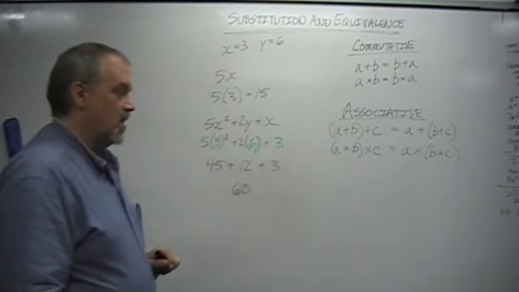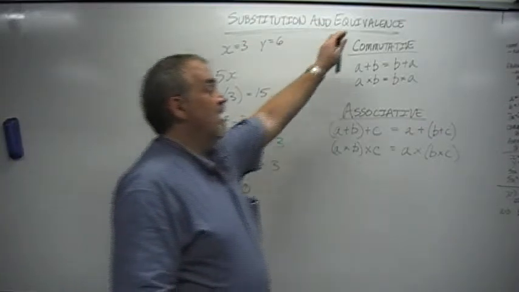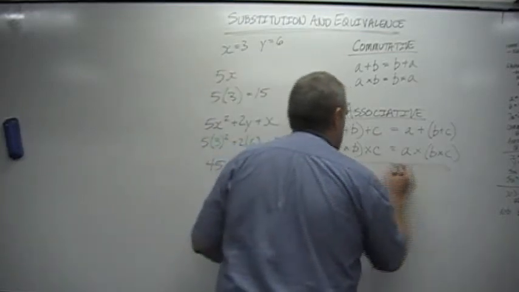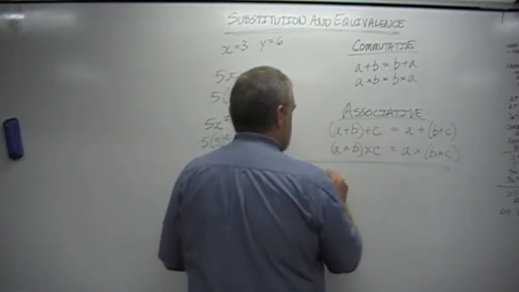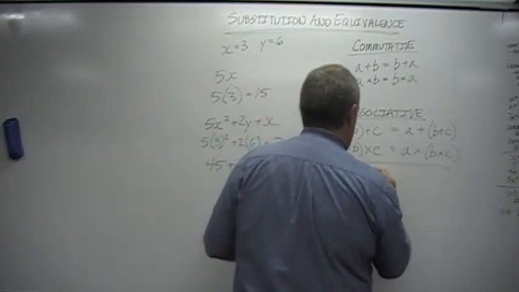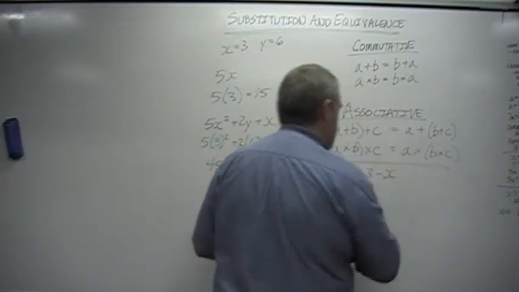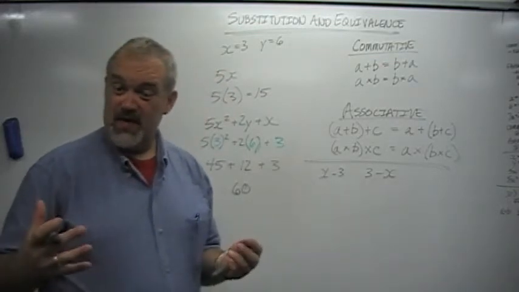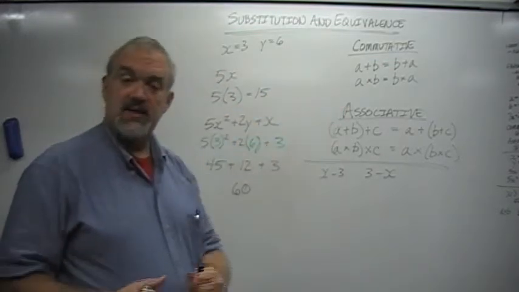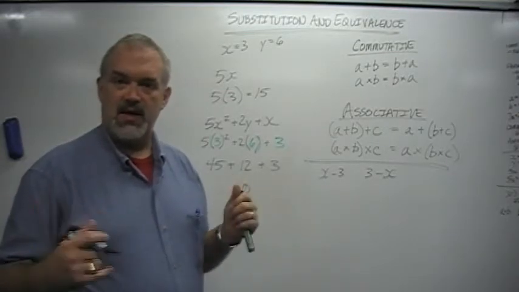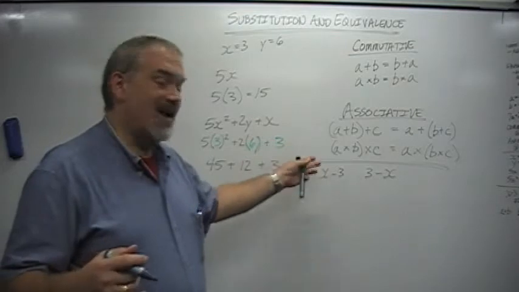Now when we talk about equivalent expressions, let's use an example. Let's say that we had x minus 3 and 3 minus x. To check whether they're equivalent, there are laws of arithmetic we can use, but we can also usually just try in a number of values, and I think you'll see that these two are not equivalent.